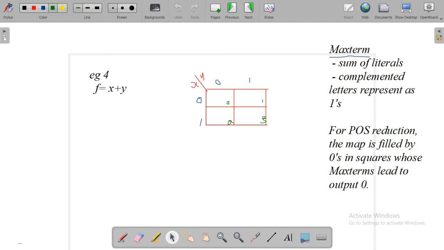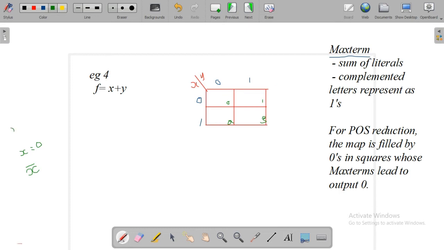But in the case of min terms, a variable with value 0 is complemented. Just as an example, in the case of min term, if x equal to 0, we have to write x dash, the complement.